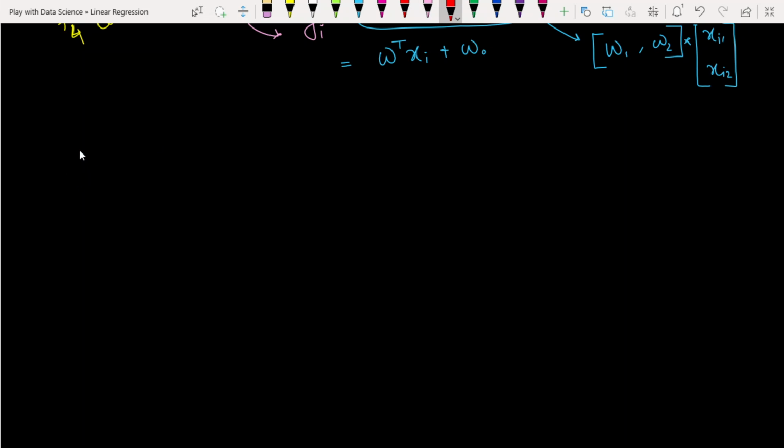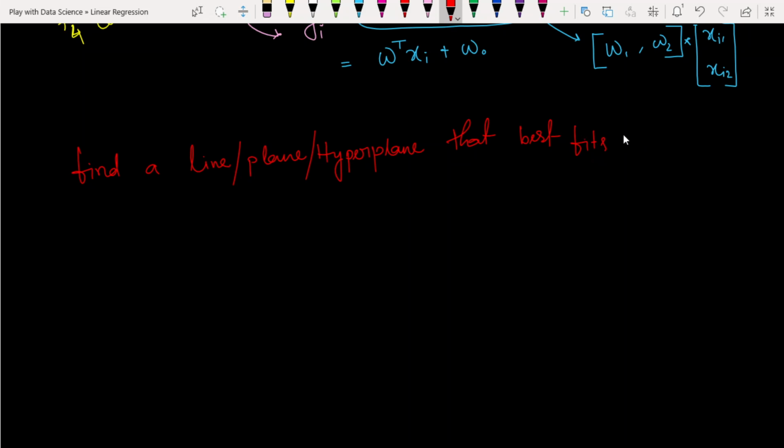The main objective is to find a line or plane or hyperplane that best fits the given data.